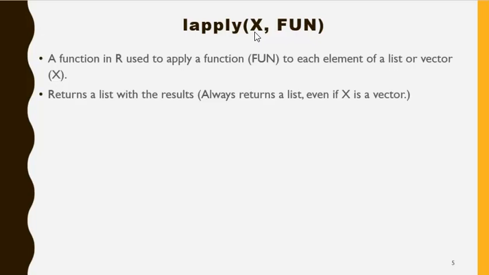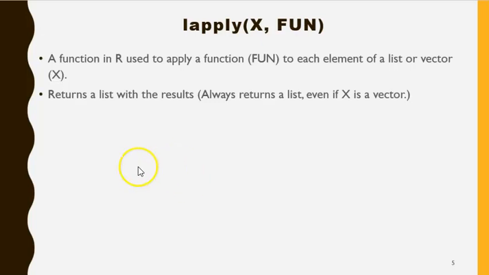The result of this function is always a list, no matter what your input is, because your input here, x, can be a list or a vector. But even if it is a vector, the output would be a list. The function is applied to each element of this vector or list, and the result would be a collection of the results.